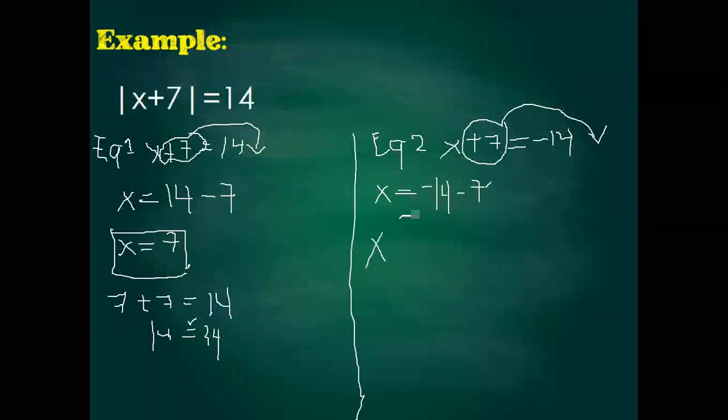Now, combine like terms. Same sign, negative 14 and negative 7. You need to add them, then copy the sign. Negative 21 is the value of x.